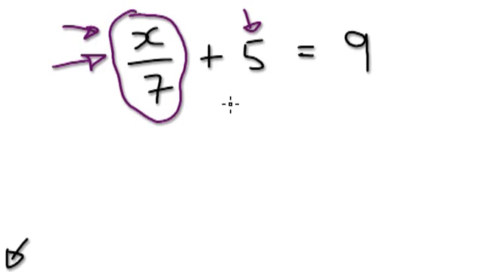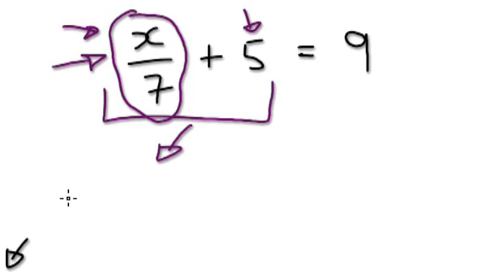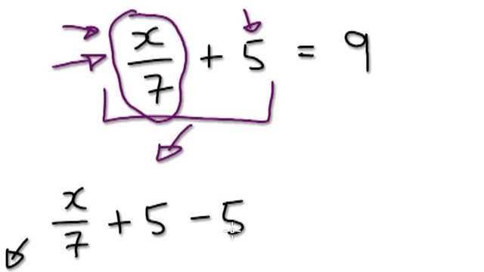Okay, here inside my mind, I'm going to take away 5 from each side. So take this whole thing down here, plus 5, and then minus 5. This side would be 9 minus 5 as well.